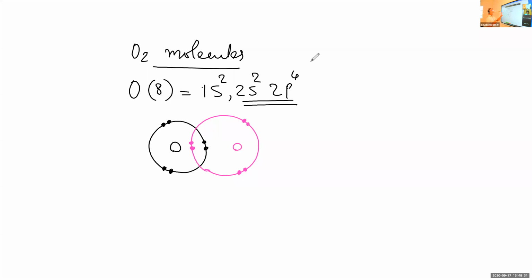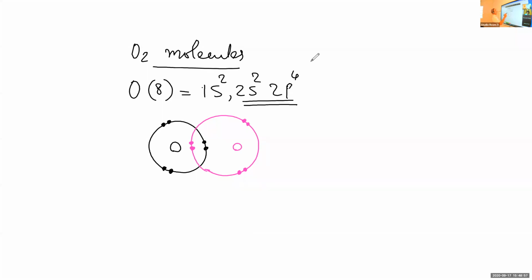Consider the black circle. Within the black circle, how many electrons are there? 2 plus 2 plus 2 plus 2, 8 electrons. You take the pink circle, and there are again 8 electrons.